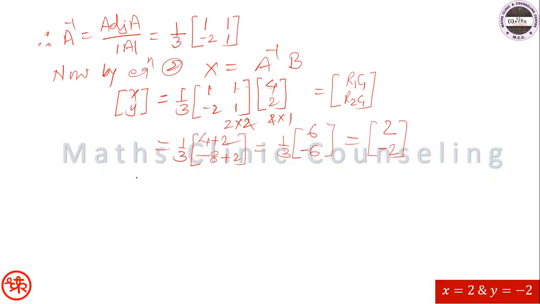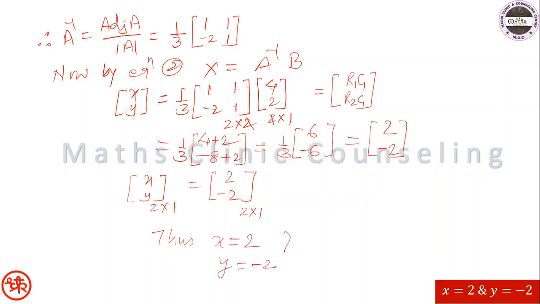Okay, so what we have, x y is equal to 2 -2. Is that clear? ये भी मैट्रिक्स 2/1 की ऑर्डर की है, ये भी मैट्रिक्स 2/1 की ऑर्डर, दोनों मैट्रिक्स इक्वल हैं, मतलब करस्पॉन्डिंग एलिमेंट इक्वल रहेंगे. So thus x की वैल्यू क्या है, 2, and y की वैल्यू क्या है, -2, and that is the answer. Is that clear? So 2/2 system अगर रहेगी तो answer will be determined easily.